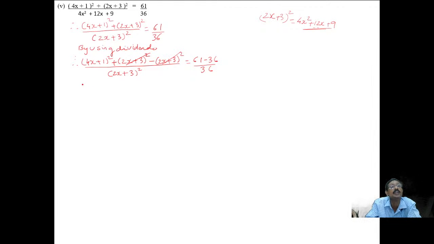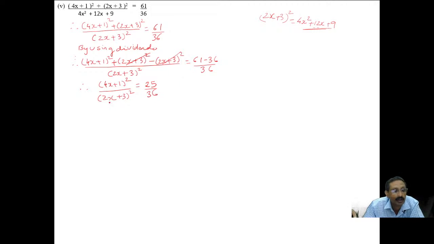It gets reduced. Therefore, what we get is (4x plus 1) the whole square upon (2x plus 3) the whole square. 61 minus 36, what will it give you? 25 upon 36.